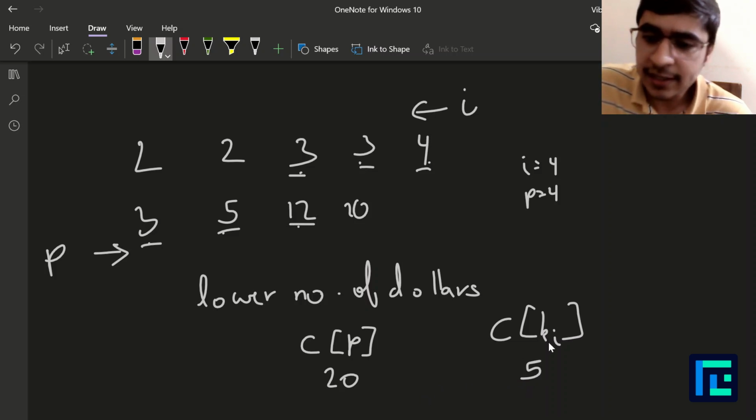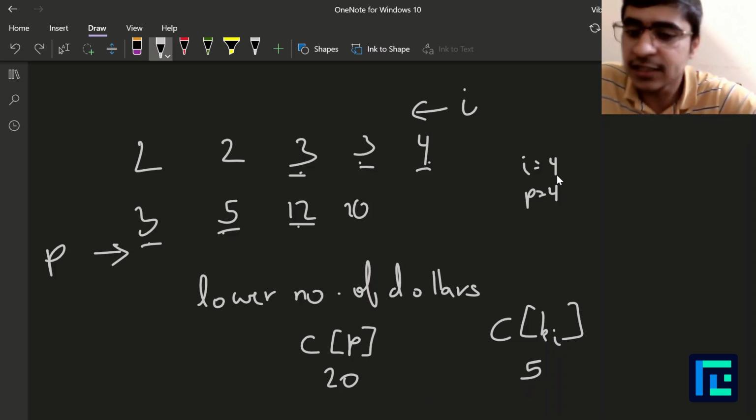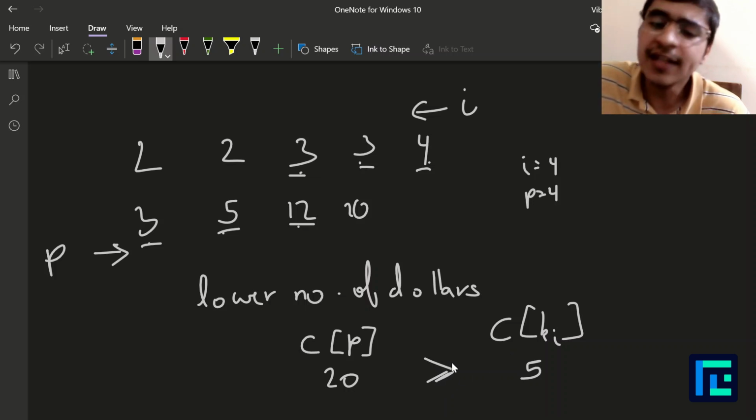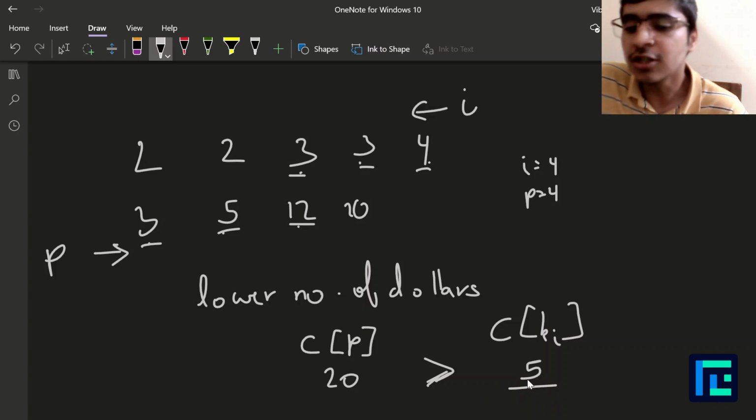K I is 2, since I is 4, and P is 4, so CP is 20 and CKI is 5. So I know CKI is less, right? In such a case, when I reach a condition where my CKI is less than CP, that is when I should start giving them CKI dollars directly.